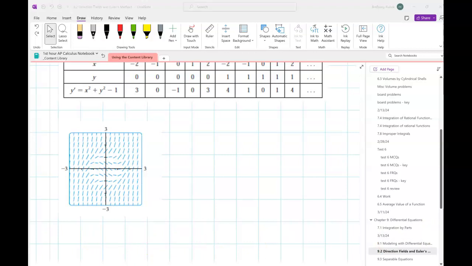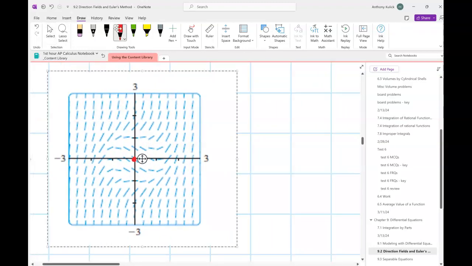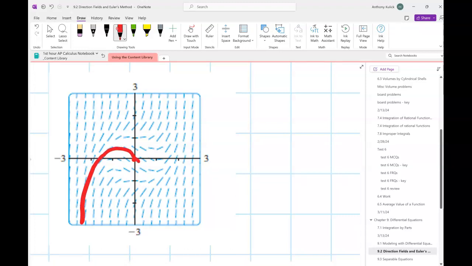So origin is there, right? So if I draw my slope field, it's going to kind of do one of those and kind of do one of those.